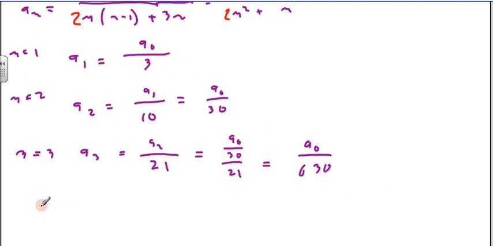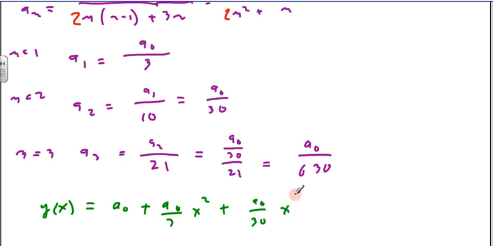So if y of x is a0 plus a0 over 3 x squared plus a0 over 30 x cubed, plus a0 over 630 x cubed.